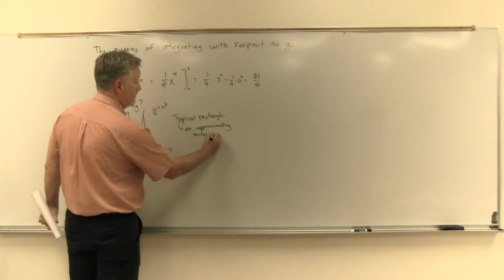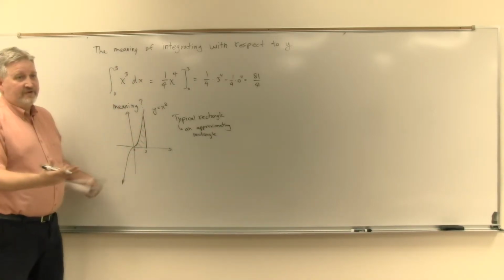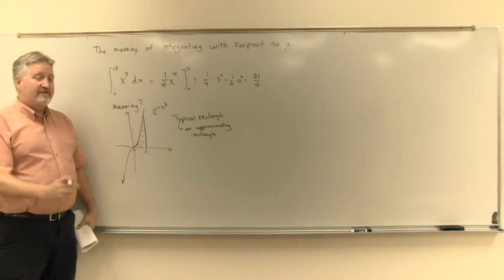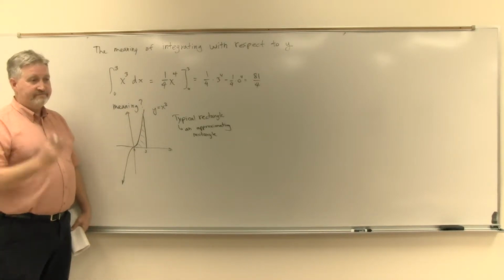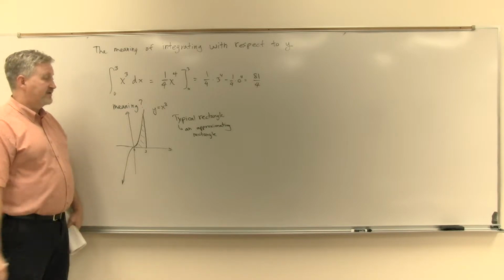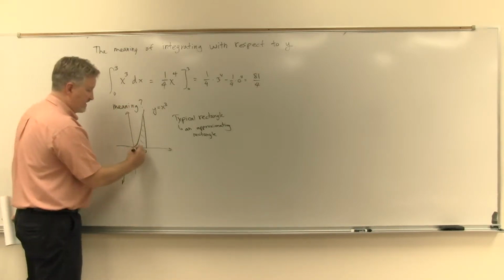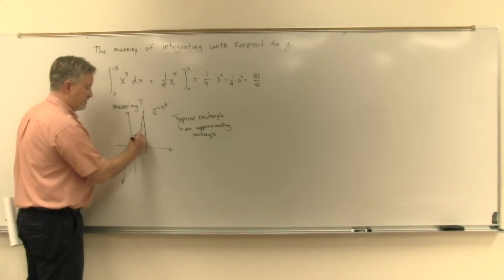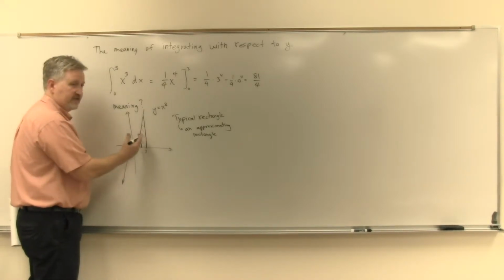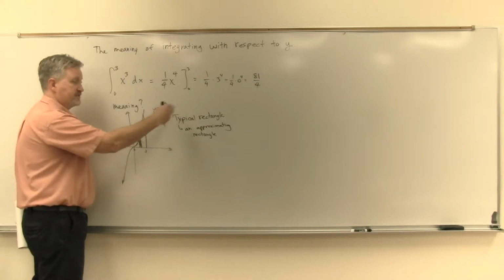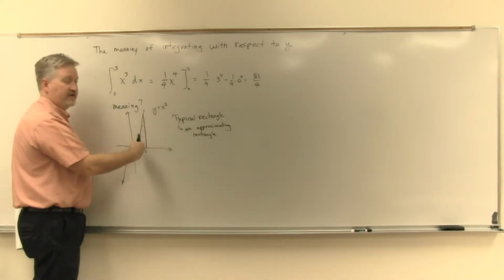So if I was going to do this with rectangles, you don't have to choose any certain width. Usually they do narrow rectangles. But if I was going to approximate this with rectangles, I'd be talking about a rectangle like this. It doesn't have to be any specific width, but that's what they refer to as the typical rectangle.